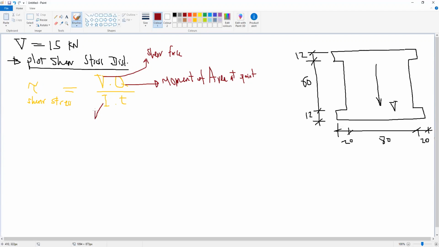I is the inertia of the section. We know how to calculate I from the previous week, inertia, which is I x dash. t is the thickness or the width of the section at this point.